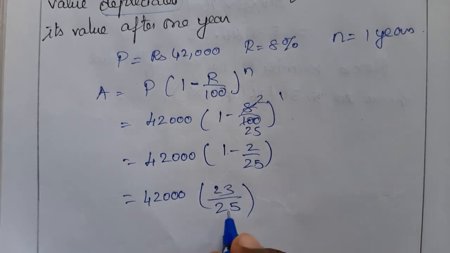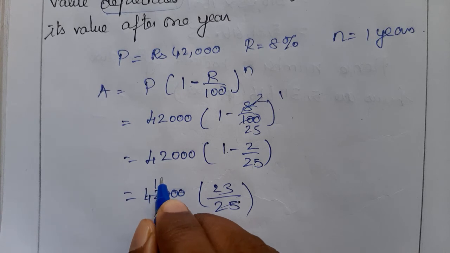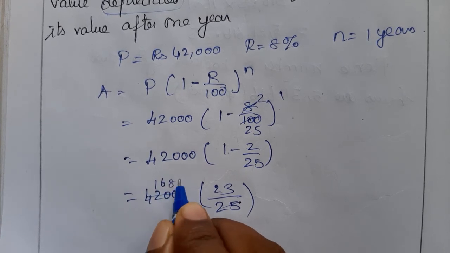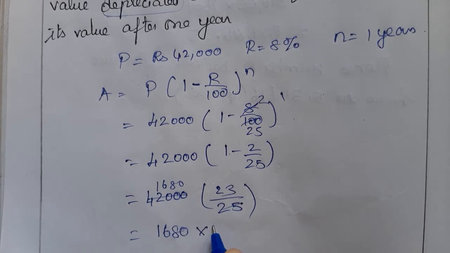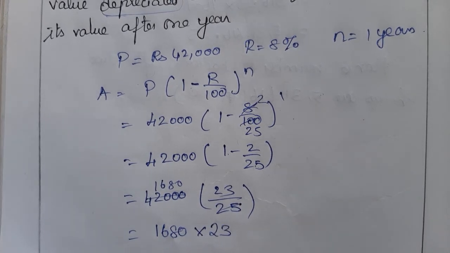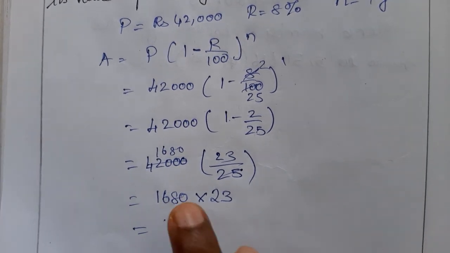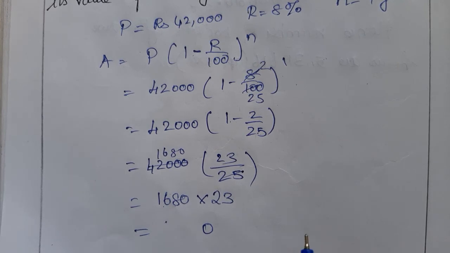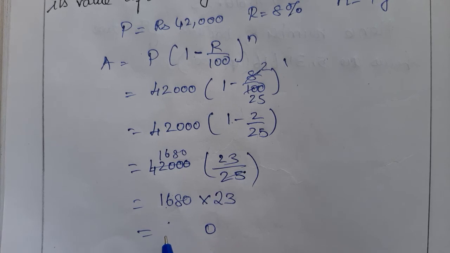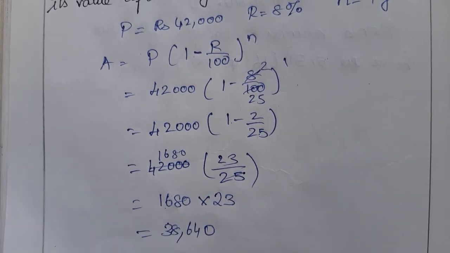Cancelling with 25 table, it will be 1, 6, 8 and 0. So 1680 into 23. If you multiply 1680 into 23, the 0 will stay as it is. Then 168 into 23 gives 3864, so 38,640.